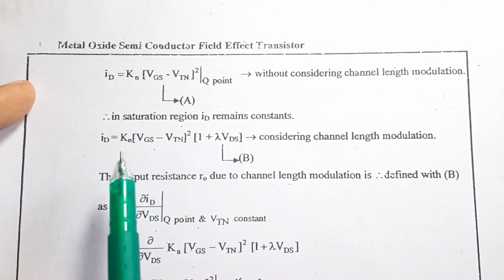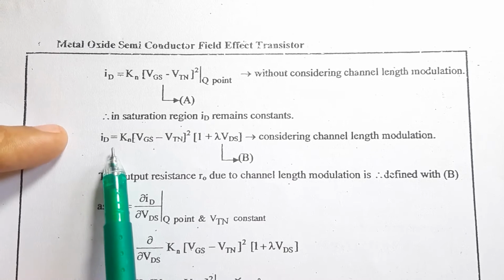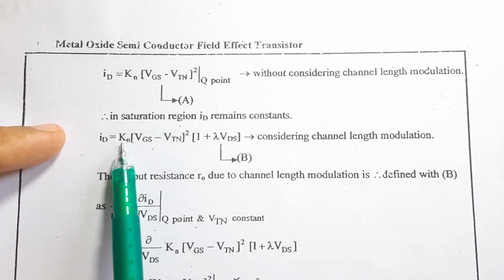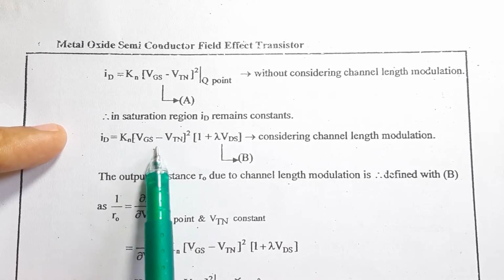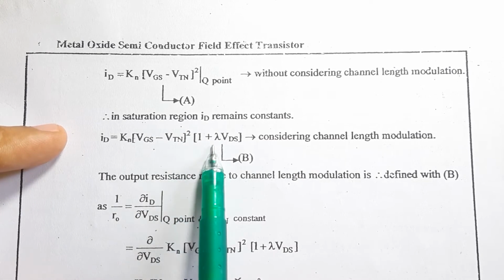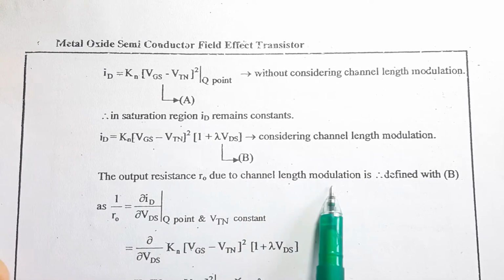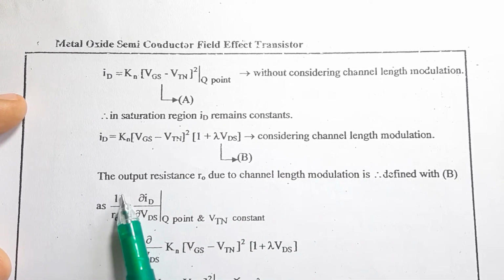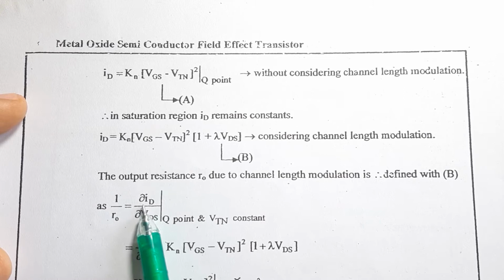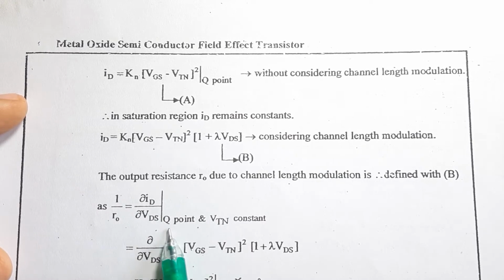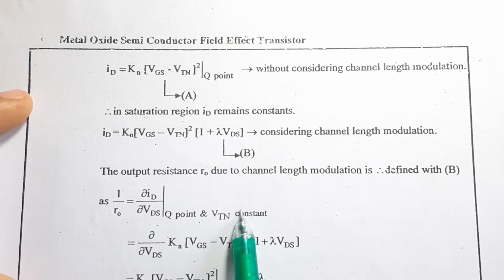If you consider channel length modulation, the formula changes to ID = Kn (VGS − VTN)² (1 + λVDS). The output resistance RO due to channel length modulation is defined as 1/RO = ∂ID/∂VDS at the Q point, with the threshold voltage constant.